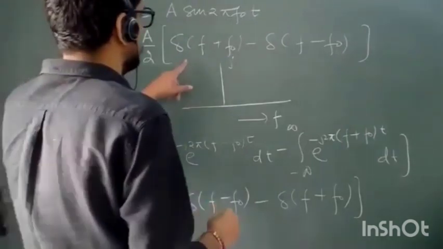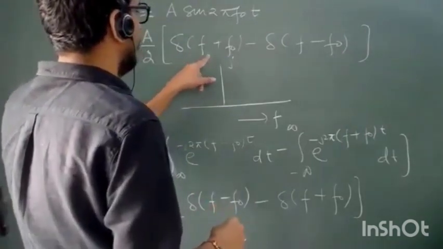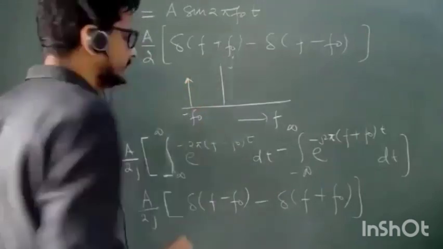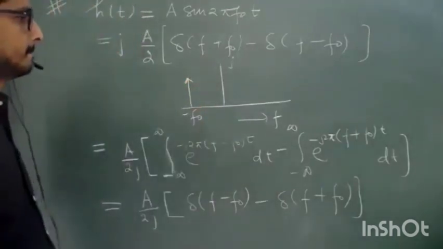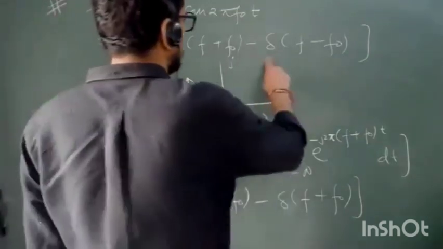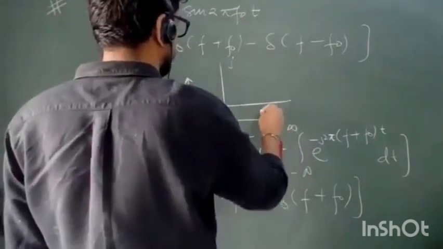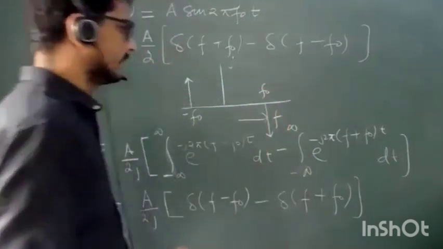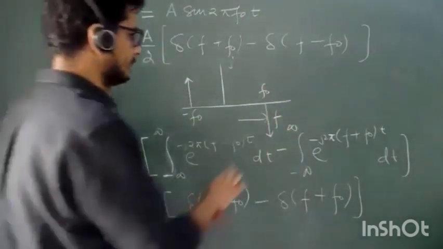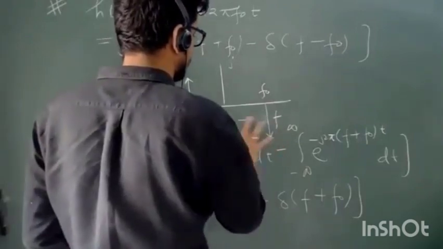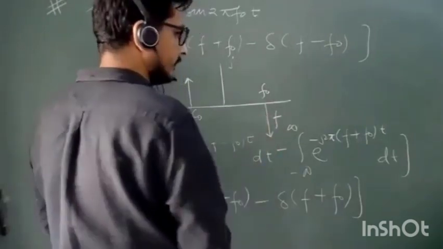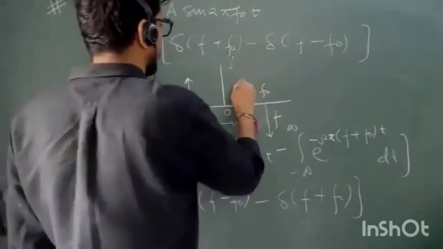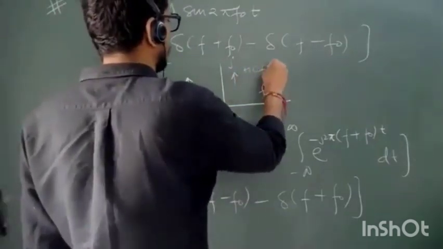Tell me. So delta of f minus f naught will be here. This will be minus f naught frequency. And this side f is equal to f naught is also there like this. So this is f is equal to f naught. This is 0, this is f, and this is H of f.